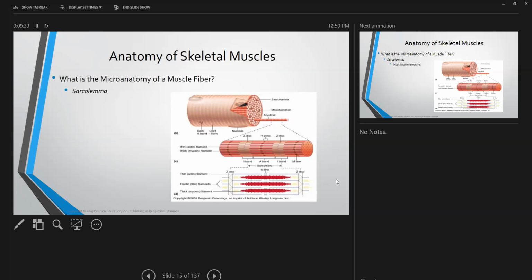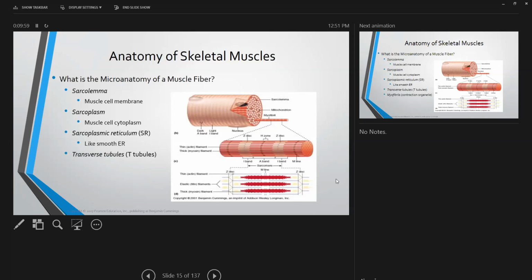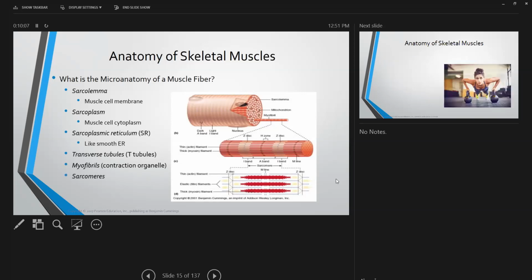We're talking about the microanatomy: the sarcolemma, which is the muscle cell membrane, the sarcoplasm, which is the muscle cell cytoplasm, and the sarcoplasmic reticulum, which is like the smooth ER. It's going to transport calcium and store calcium. The transverse tubules, also known as the T-tubules, and the myofibrils, which is part of the contraction portion of the organelle, and then you have the sarcomeres.